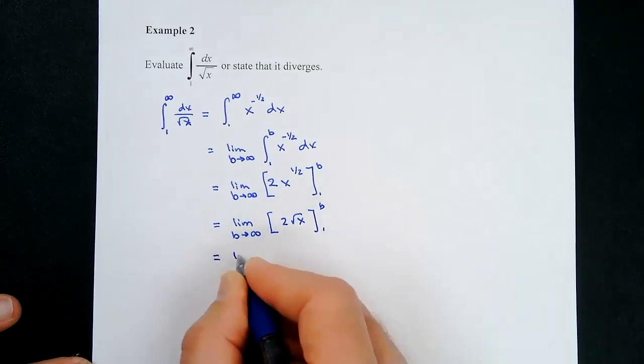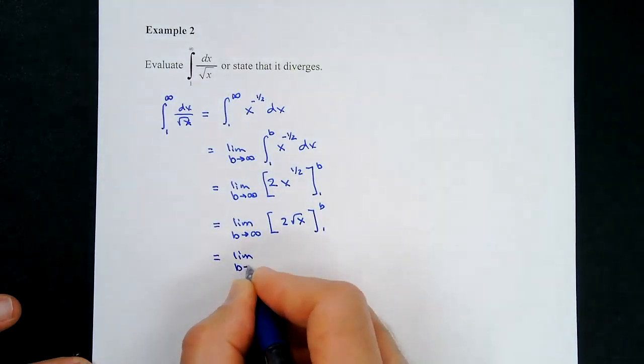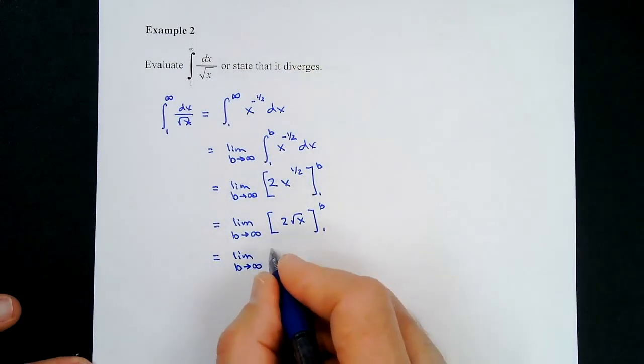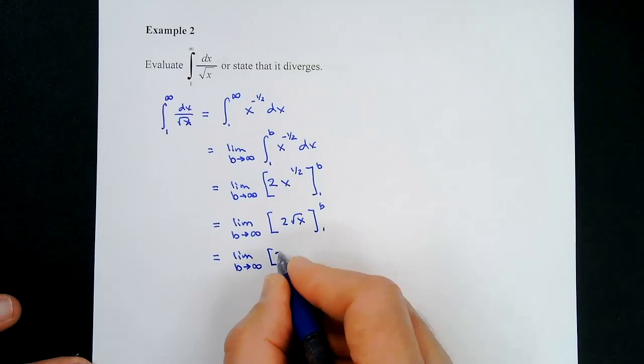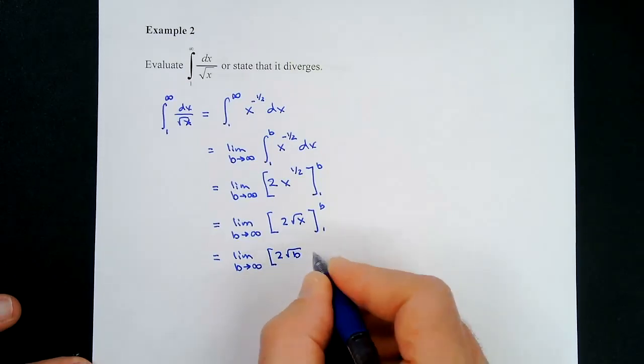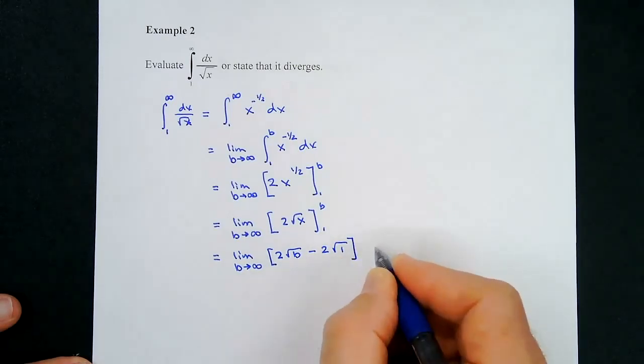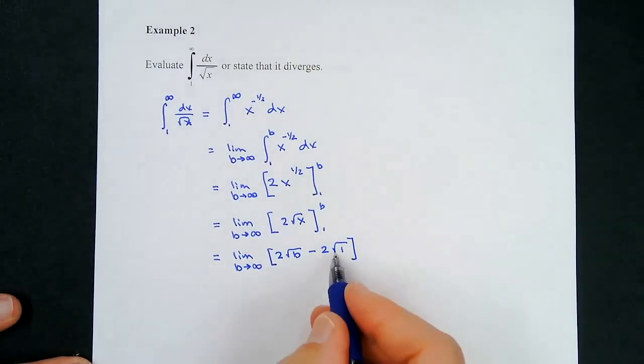So once again, this is the limit as b approaches infinity. We have to keep writing the limit until we evaluate it. And so this would be 2 square roots of b minus 2 square roots of 1, and the square root of 1 is 1.